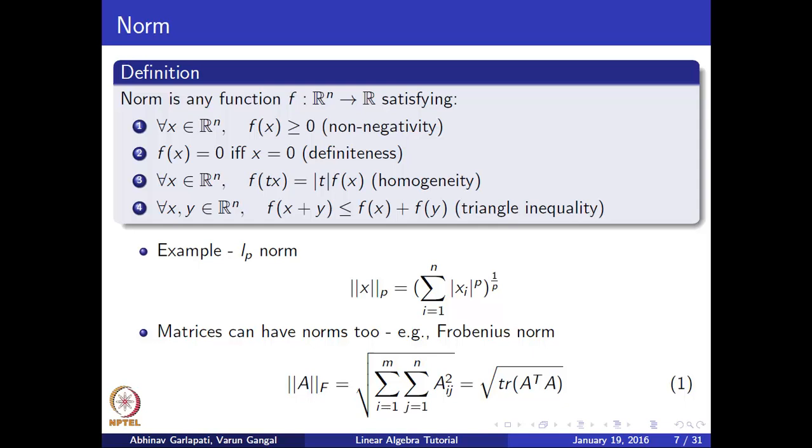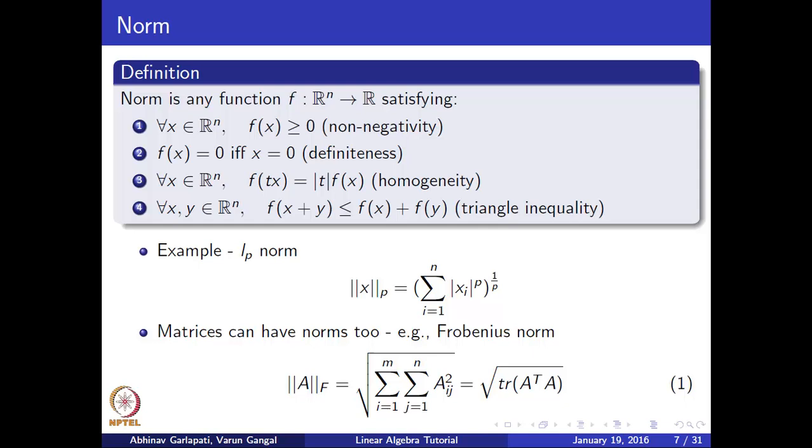Firstly, it should always be non-negative. Secondly, it should be 0 if and only if the vector is 0. Thirdly, for every vector, if you multiply it by a scalar, its norm should get multiplied by the modulus of the scalar. By modulus here we mean the absolute value.